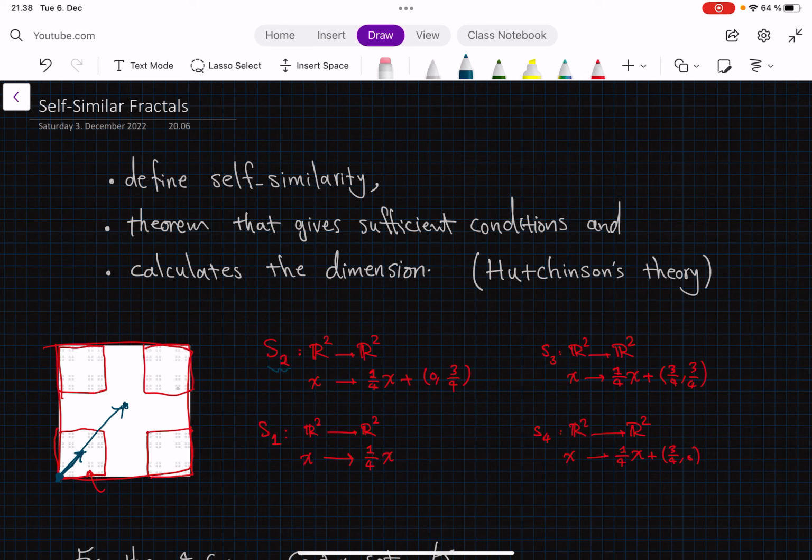S2, for instance, is the same map, except after that shrinking, you shift it upwards by 3/4. So (0,0) gets mapped to this one. And S3 will shift 0 to here, and then S4 will shift 0 here. Other than that, they all just shrink everything by 1/4.